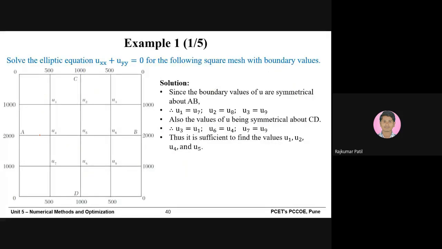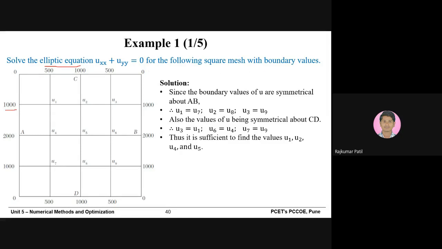Now we will take one example and check how to solve a partial differential equation numerically, and the numerical is given as follows. Solve the elliptic equation u_xx plus u_yy equal to 0 for the following square mesh with boundary values.